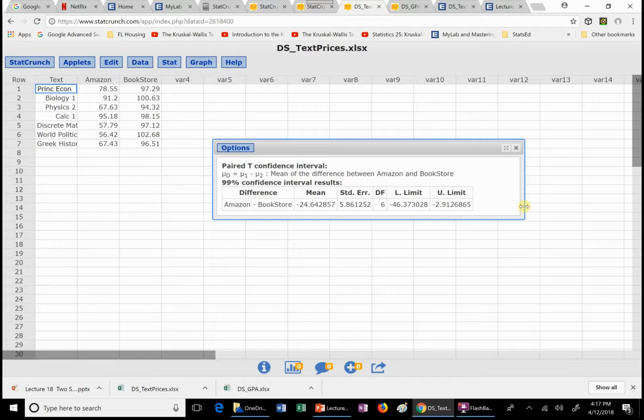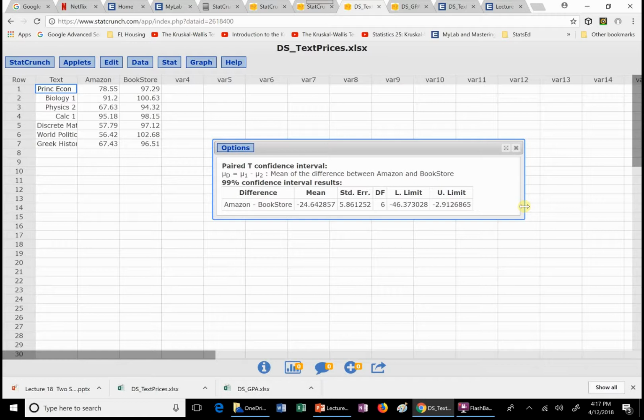So what this tells us is that we are 99% confident that the difference in the means is between minus, roughly $46 and minus $3. Okay. And that would refute the bookstore.